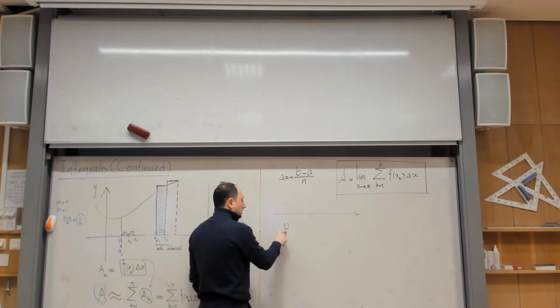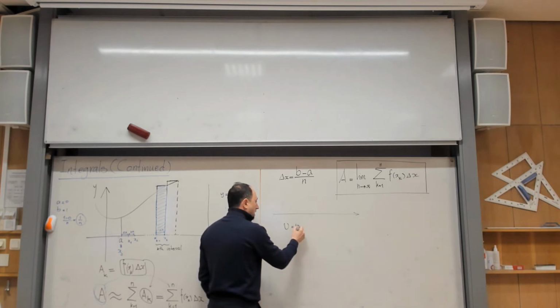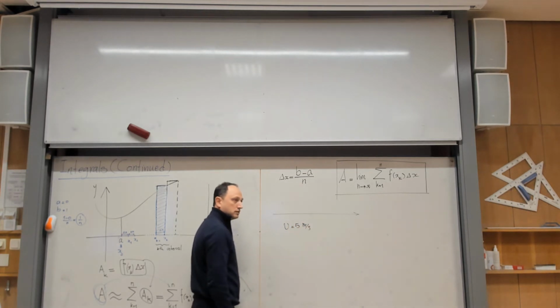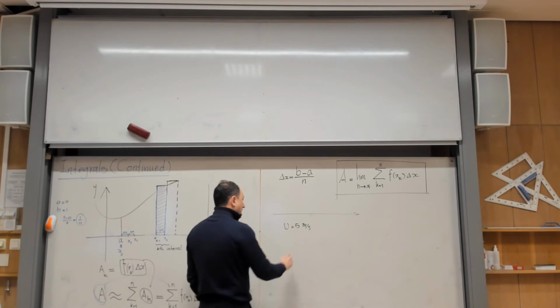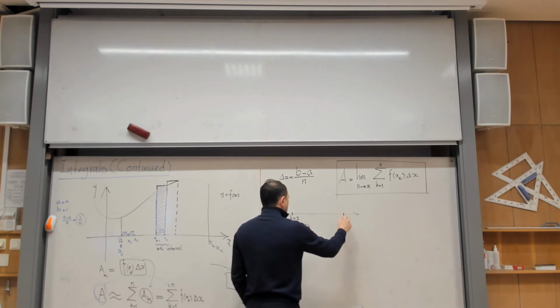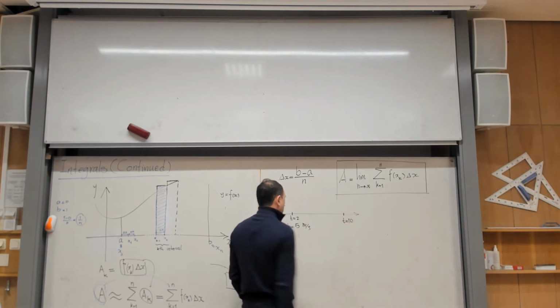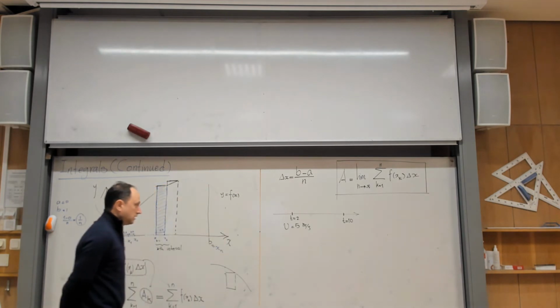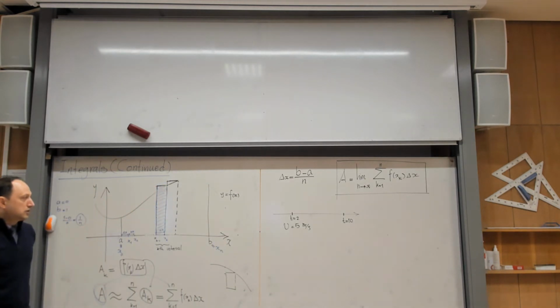The speed V is 5 meters per second. The particle starts when the time is 2, and ends when the time is, say, 10, moving with constant speed, 5 meters per second. So how much will this particle travel during this time interval?